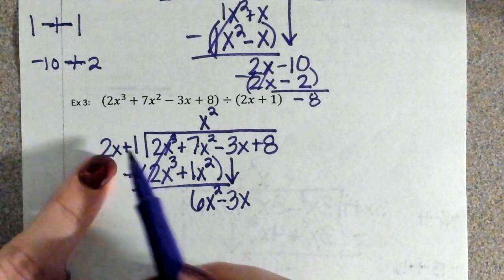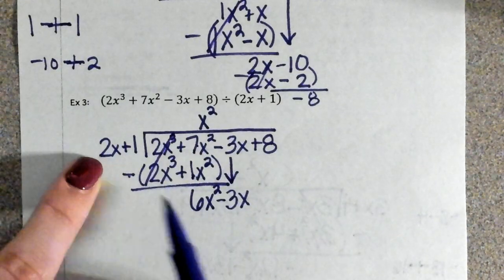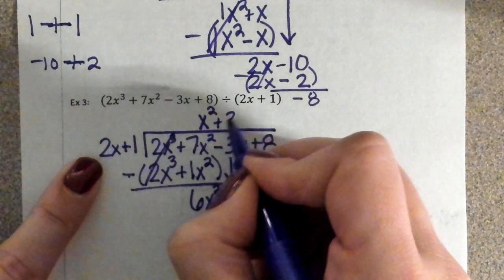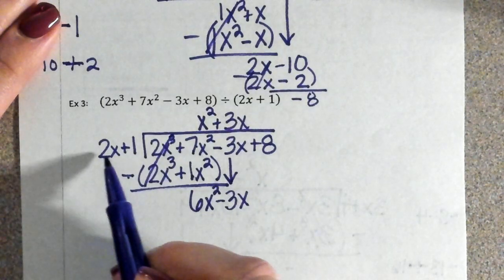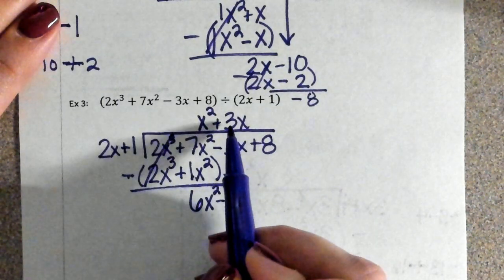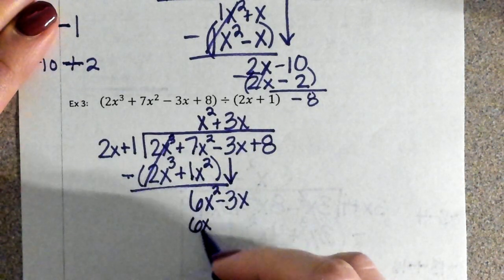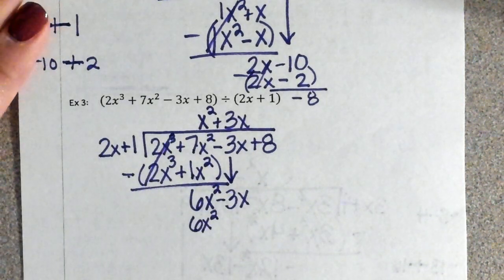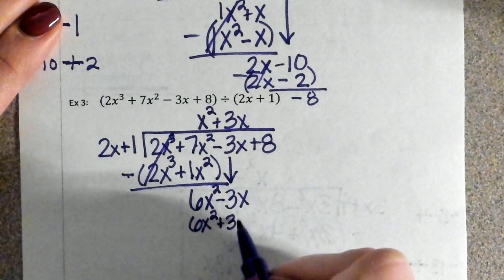So we say 2x times what makes 6x squared? Well, 2 times 3 makes 6, and to make x squared, we need another x. So then we multiply all of this by 3x. 2x times 3x, 6x squared. 1 times 3x is plus 3x.